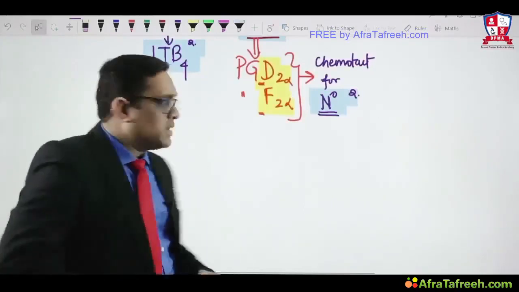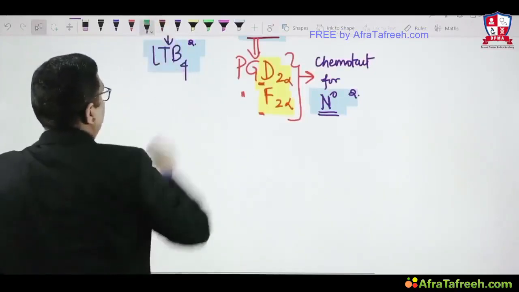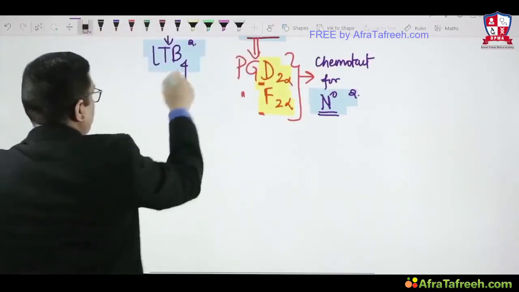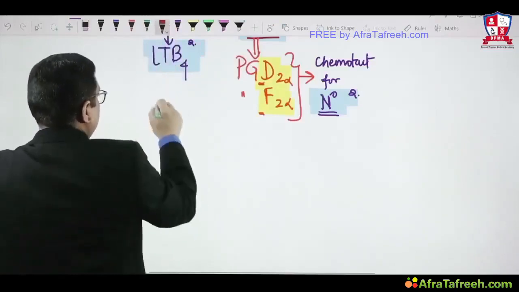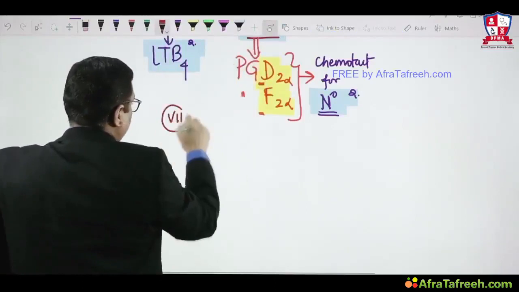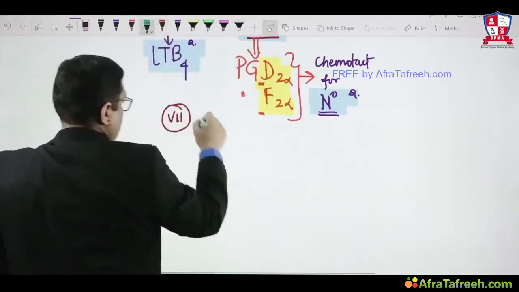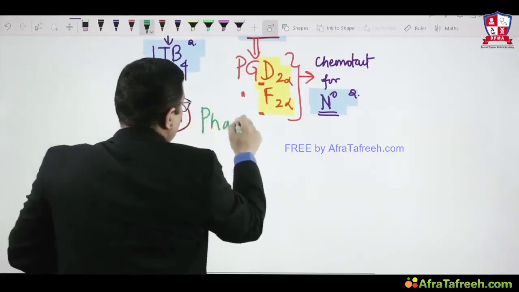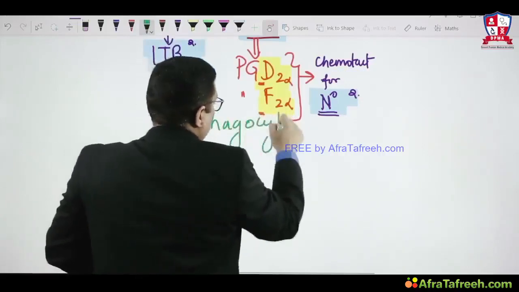So this is the sixth event. And the seventh is when the bacteria will be killed. The seventh cellular event of inflammation is phagocytosis.